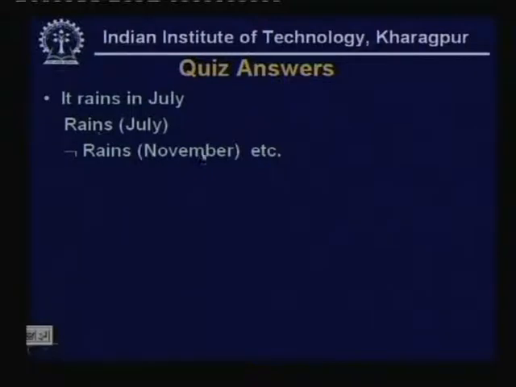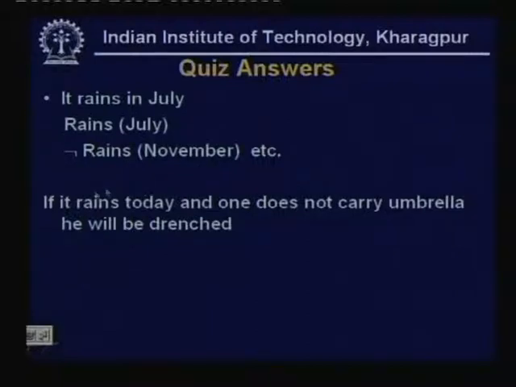Okay. So, this is rather simple, but the next example was also one of the problems given. If it rains today and one does not carry umbrella, he will be drenched. How do we represent this? As you can see, there is an implication here, if and then.